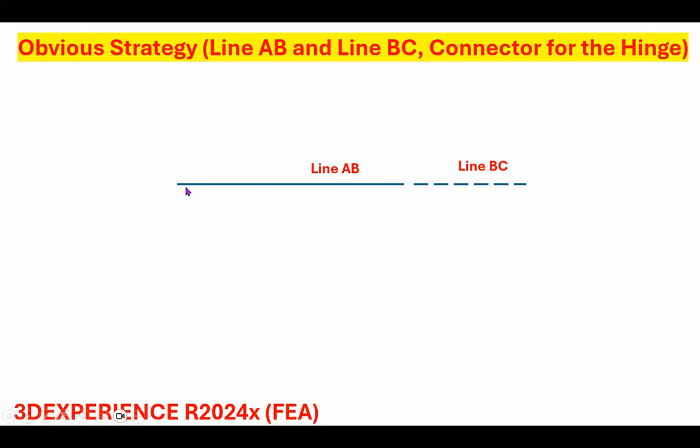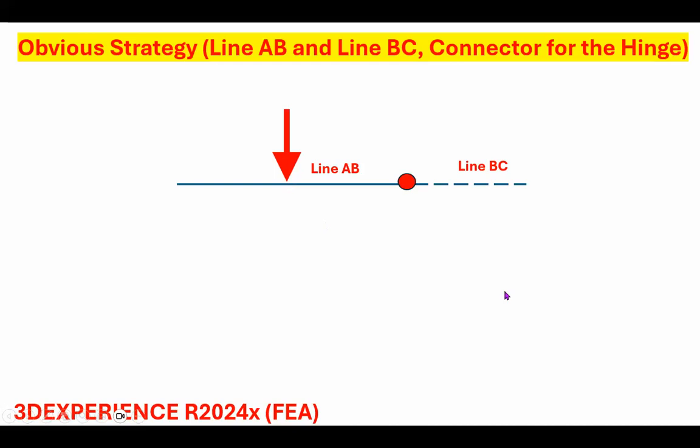There's going to be one line, line AB, line BC, and the concentrated force is here, and the hinge is over there. Notice that because I'm making this one line, and I have to put a concentrated force somewhere in the middle, I really have to create a group, or as Abaqus users call it, a set, and place that concentrated force on that set.